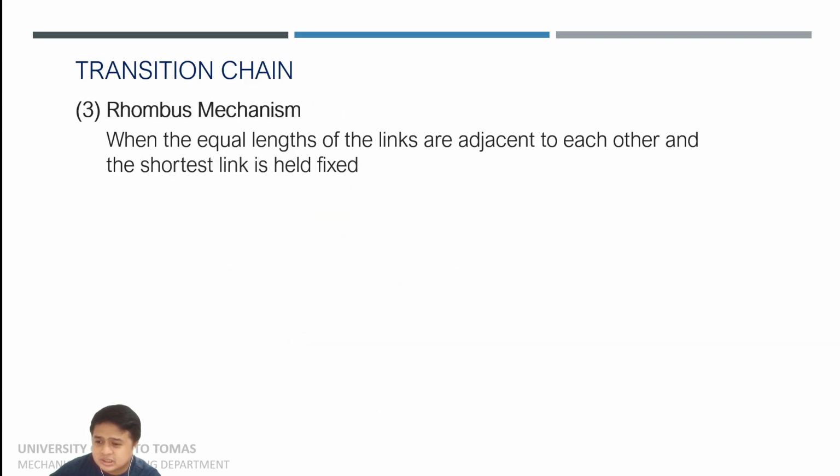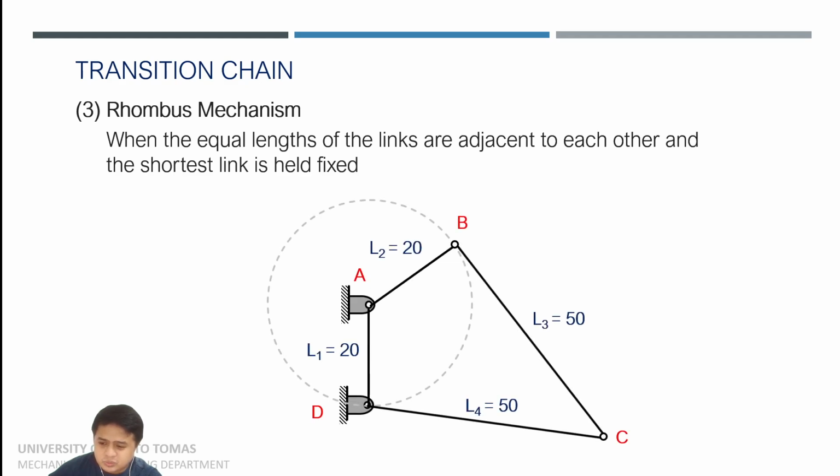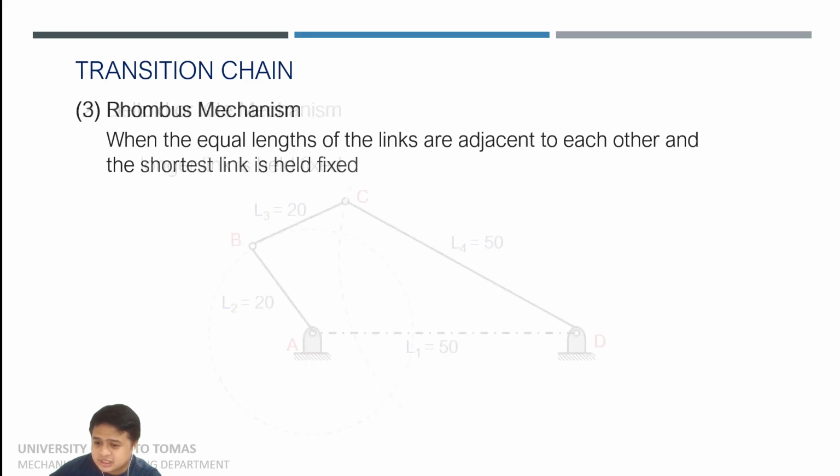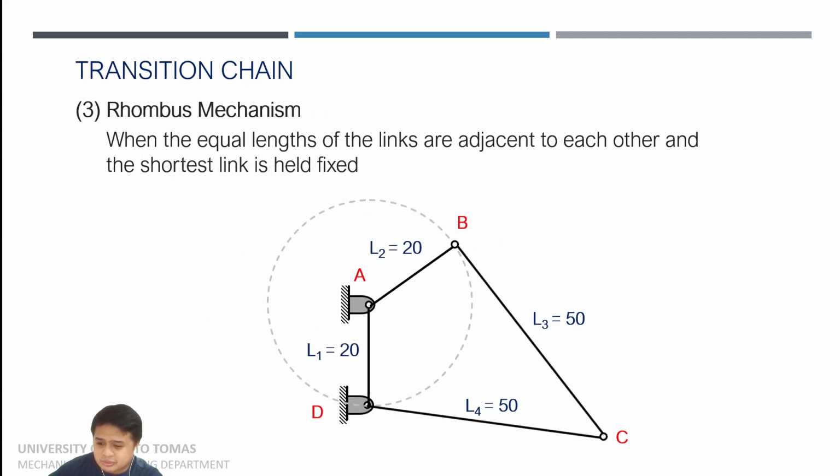No? So the rhombus mechanism is when the shortest link is held fixed. Comparing this to the kite mechanism, the longest link is fixed. For the rhombus mechanism, it is still a kite, no, but the shortest link is fixed.